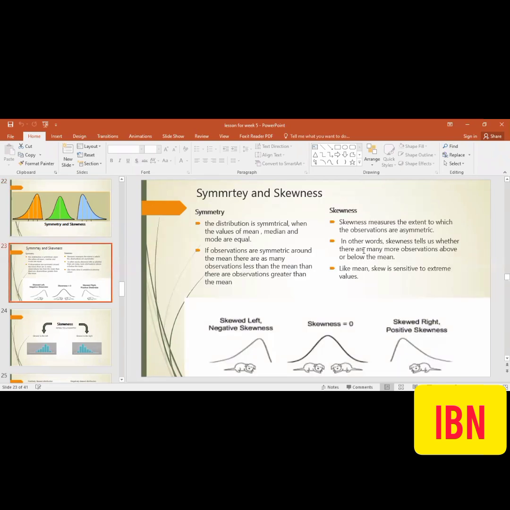In other words, skewness tells us whether there are many more observations above or below the mean. So according to the mean, we have to measure how many observations are above and how many are below. Like the mean, skew is sensitive to extreme values. If there are extreme values, certainly skewness is more on either tail.